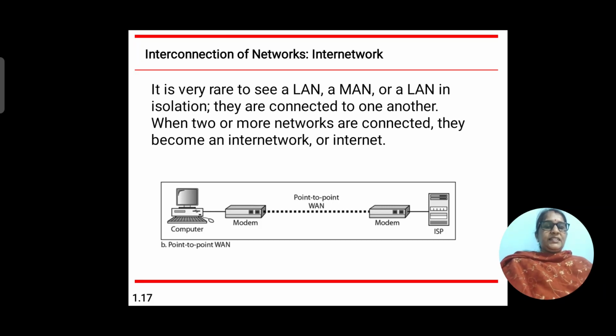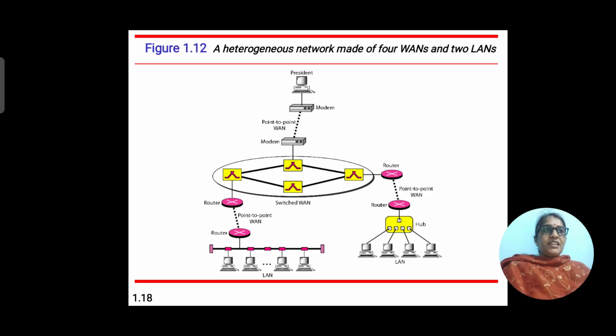As shown in this picture, we have a computer connected to a modem, then a point-to-point WAN and a modem, then the ISP, that is internet service provider. A heterogeneous network is made of 4 WANs and 2 LANs. So here we are using 2 LANs and 4 WANs.